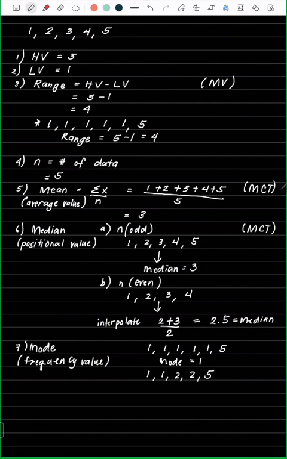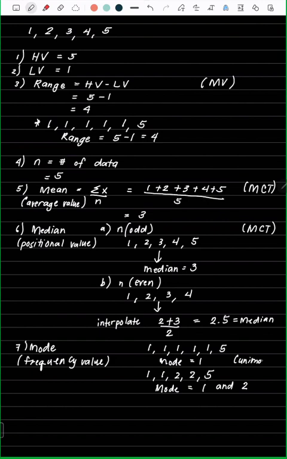Now, let us say I'm going to give another set of data. What if this would be our data? 1, 1, 2, 2, and 5. What would be our mode? So our mode here would be 1 and 2. All right.